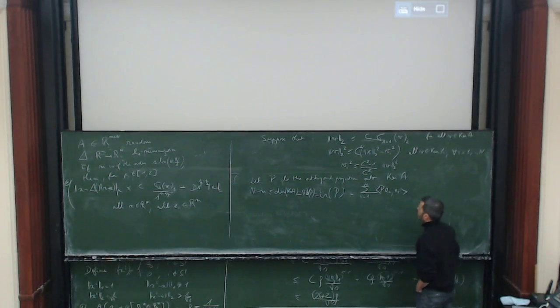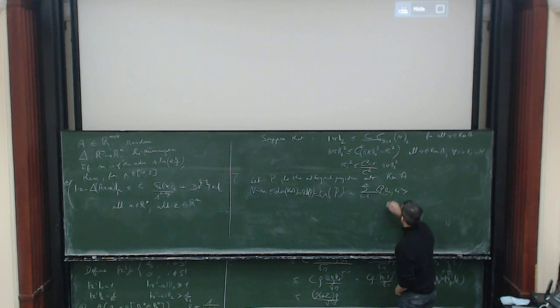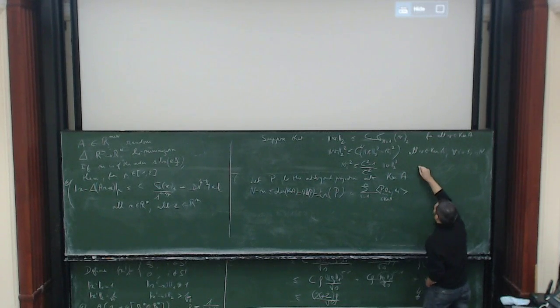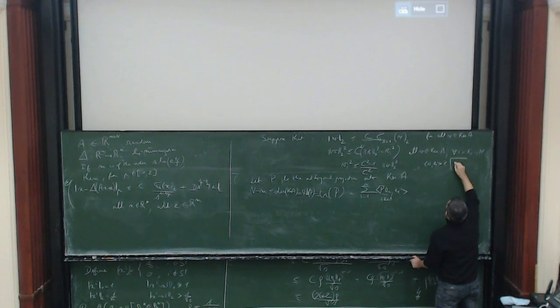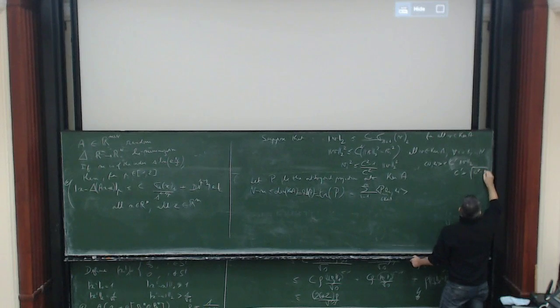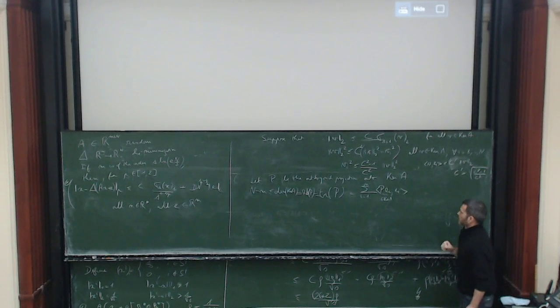Now, this belongs to the null space of A, and we said earlier that V inner product e_i was less than C' norm of V, where C' is the square root of C squared minus 1 over C squared.